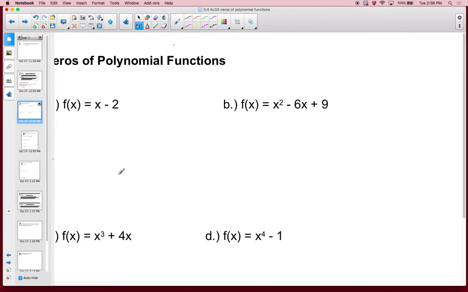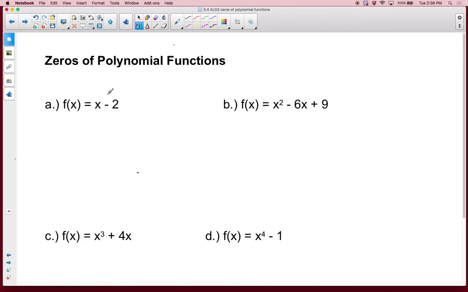Let's start off by taking a look at zeros when it is x to the first, linear. When it is x squared, a quadratic. When it is x cubed, a cubic. And when it is x to the fourth, a quartic. When it's x to the first, we should get one answer.